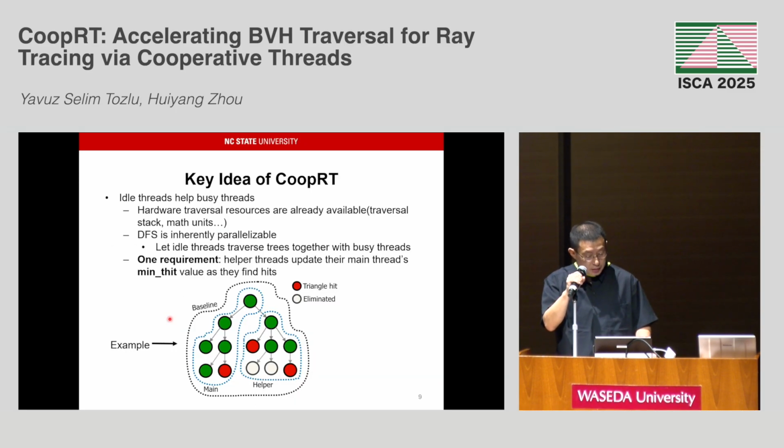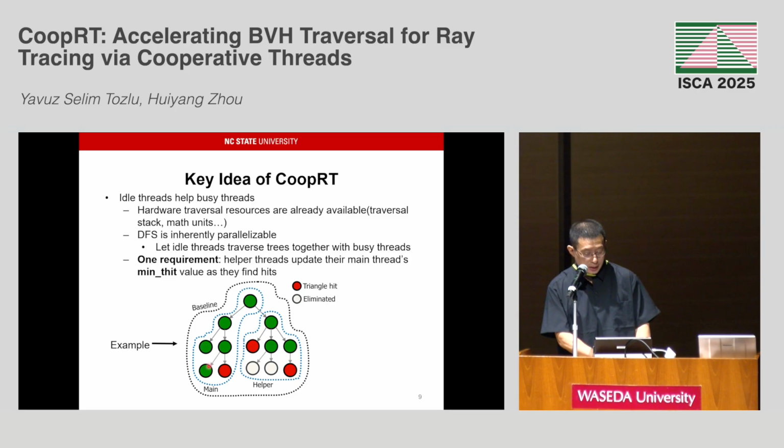As I mentioned, we leverage those idle threads. The observation is that, for example, this depth-first search in terms of tree traversal is inherently parallel. So we can use those idle threads to perform useful operations for the busy threads. Let me illustrate that with a simple example.